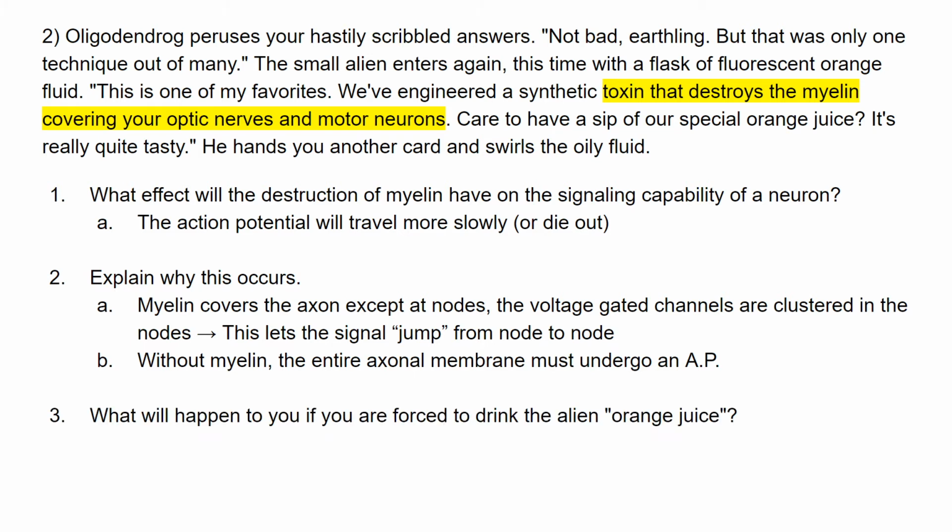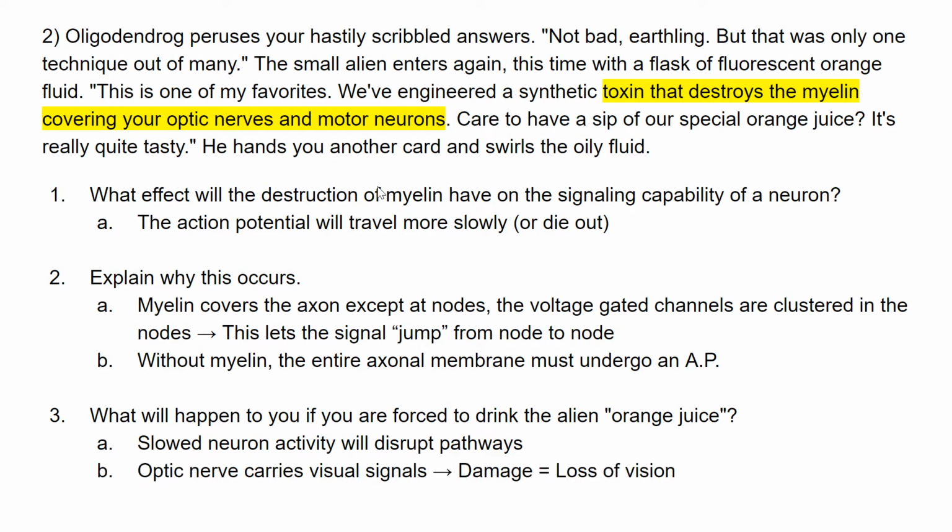Okay, and number 3, what will happen to you if you are forced to drink the alien orange juice? So we already know that the signal is going to travel slower, and we need to remember that he told us it was going to specifically affect the myelin covering the optic nerves and motor neurons. Your optic nerves connect to your eyeballs, so this is going to affect your vision.